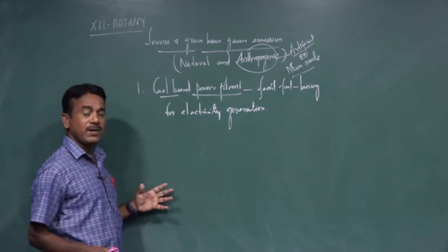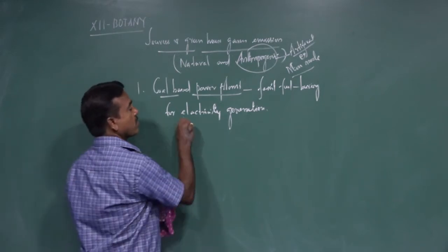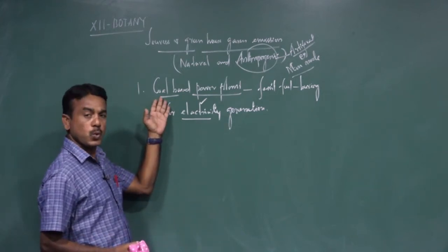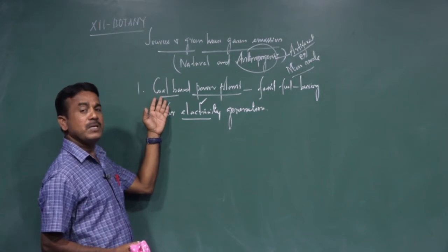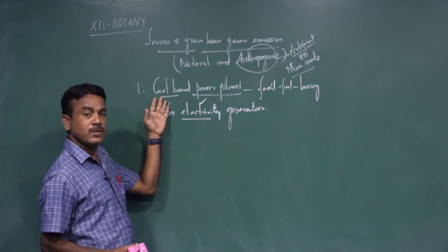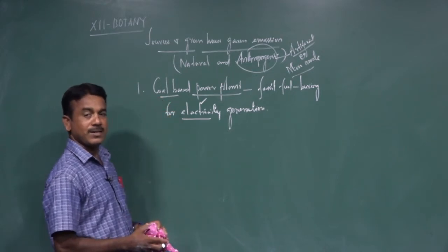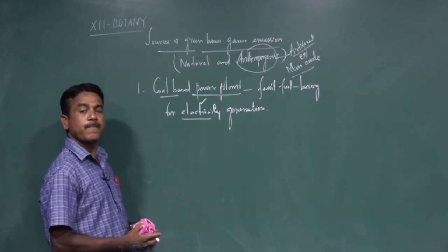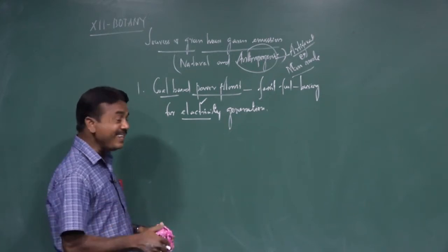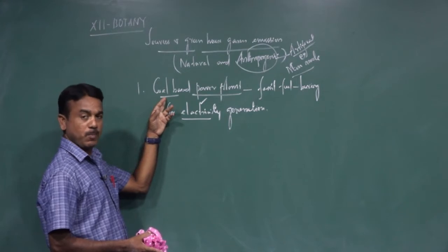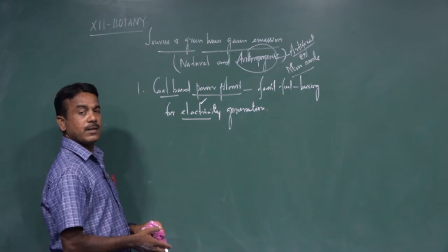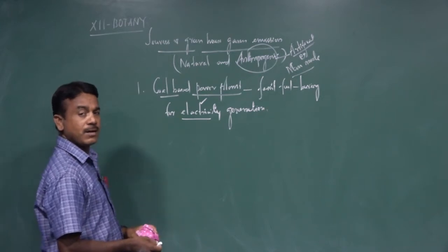All over the world, for production of electricity, coal is used, especially in coal thermal plants, such as the one situated in Tamil Nadu, commonly called Neyveli. The coal-based power plant emits carbon dioxide.